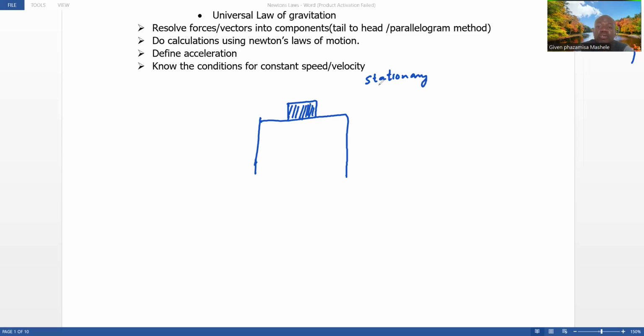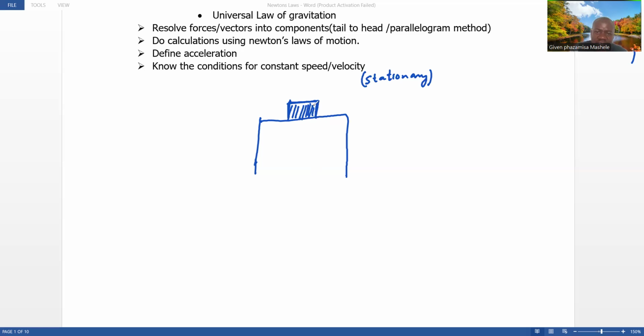It means not moving at all. Okay, now, first of all, we need to be able to know how many forces are actually acting on this object. The forces that are acting on this object will only be two.